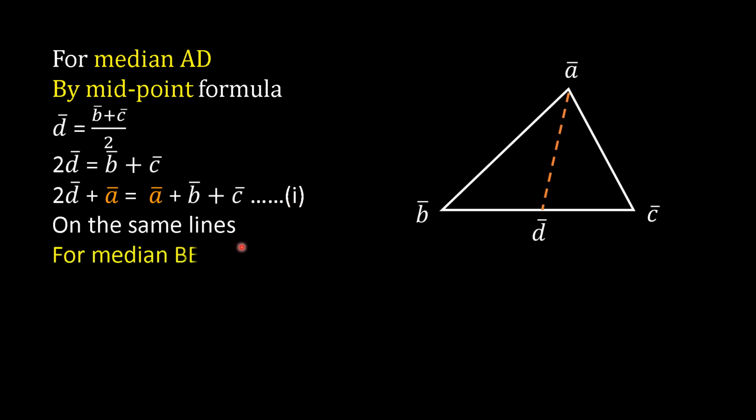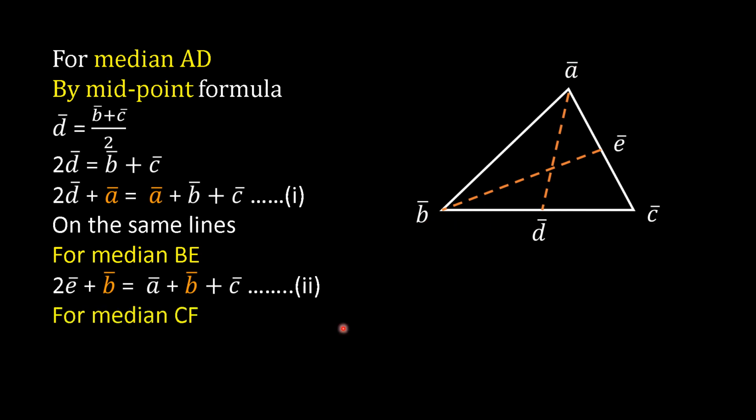On the same lines, for median BE, we write 2E bar plus B bar equals A bar plus B bar plus C bar. For median CF, we write 2F bar plus C bar equals A bar plus B bar plus C bar. We name this equation 3.